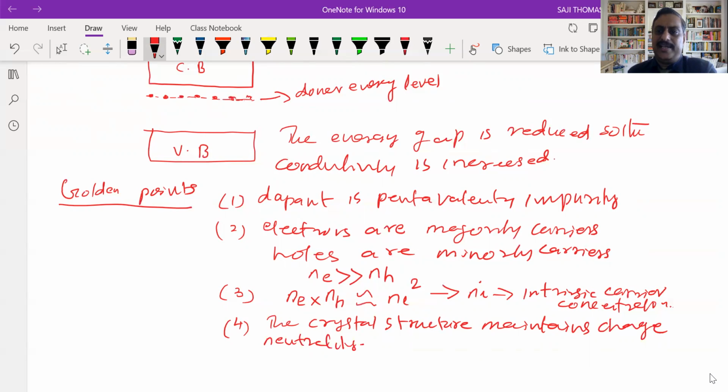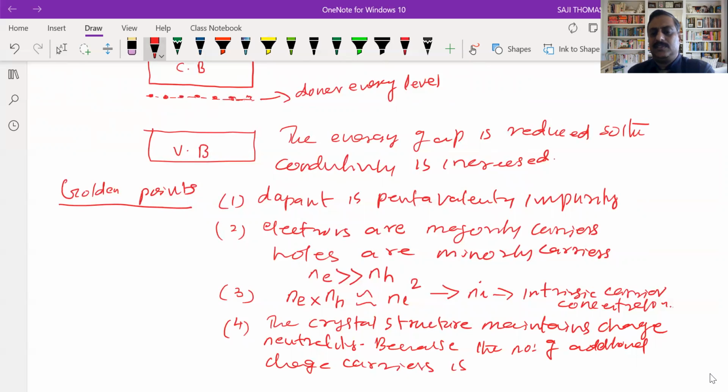When I give an electron, I become positive, so the positive charge neutralizes the negative charge.